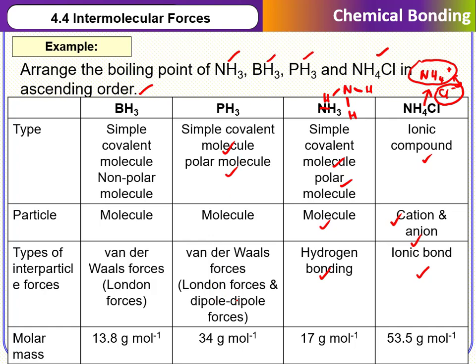It has London dispersion forces and dipole-dipole forces. How about BH3? It is also a simple covalent molecule, but it is a non-polar molecule because it is a symmetrical molecule. So what type of interparticle forces exist in the BH3 molecule? It is London dispersion forces.